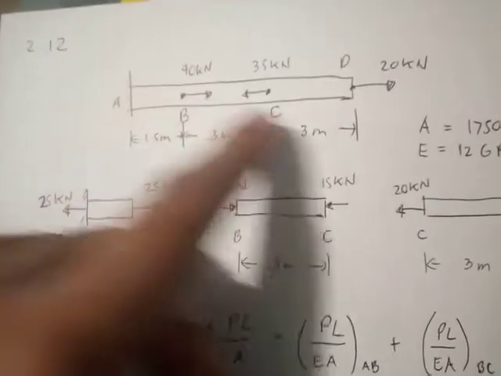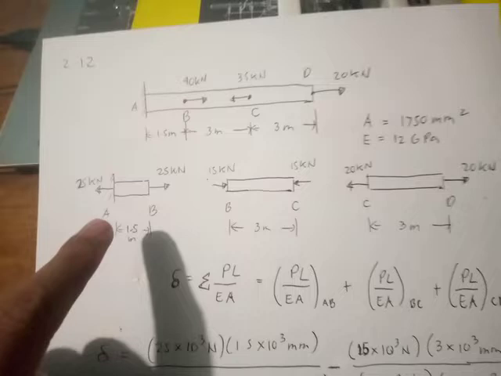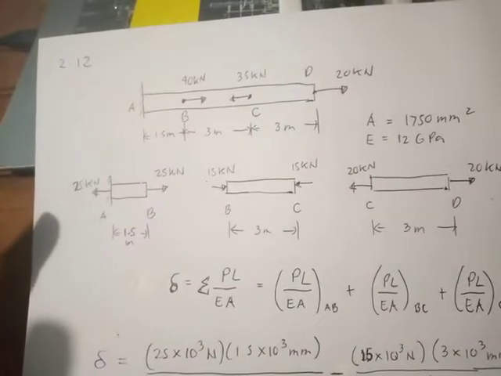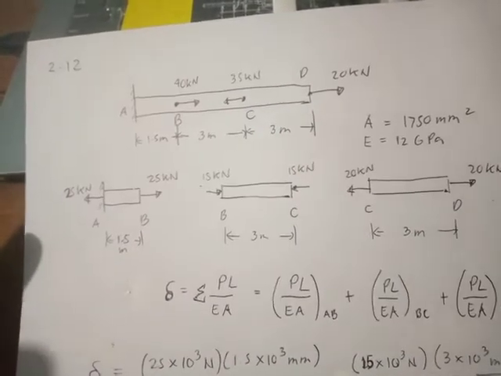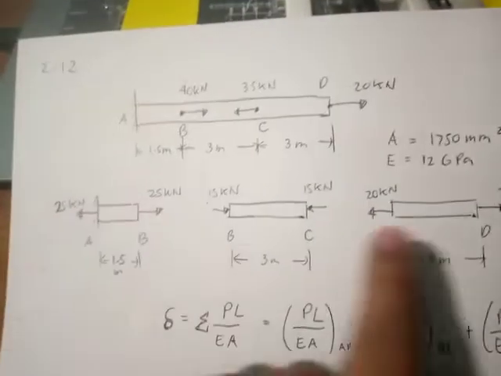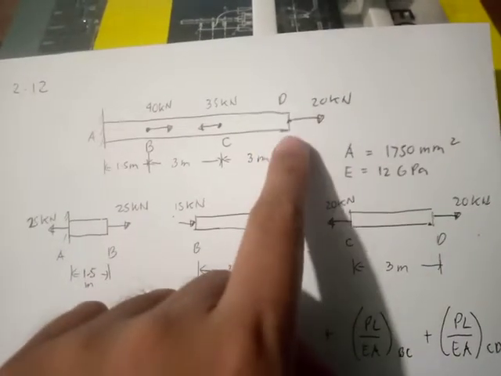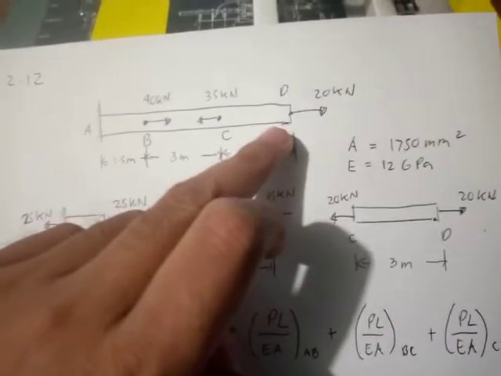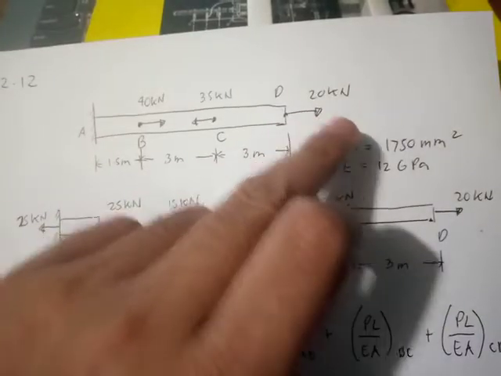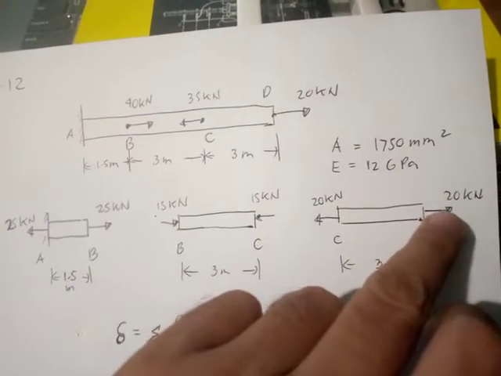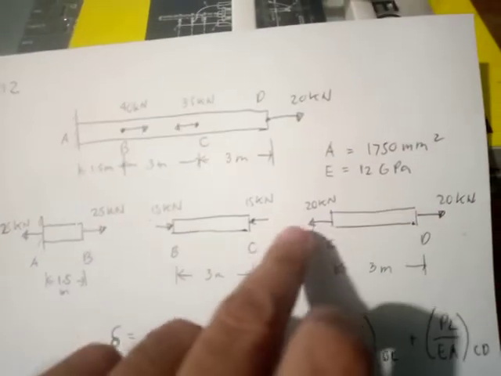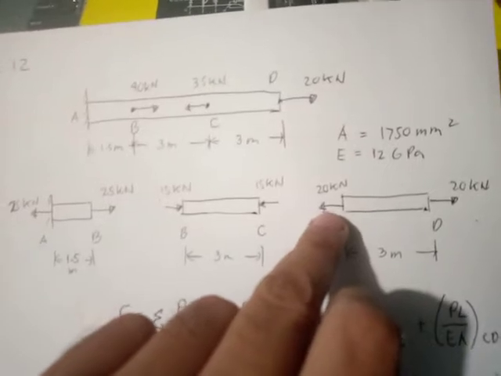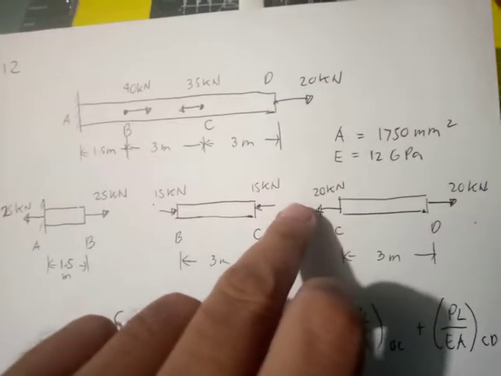Since it has A, B, C, and D, and it has three forces, let us do some type of divide and conquer. The first thing we should do is to concentrate at the free end. Since it has a 20 kilonewton tension, we got 20 kilonewton tension here and a counteracting balancing force of 20 kilonewton at the other side.